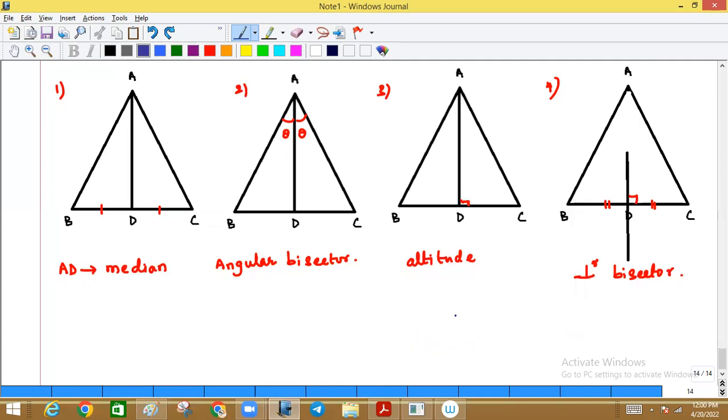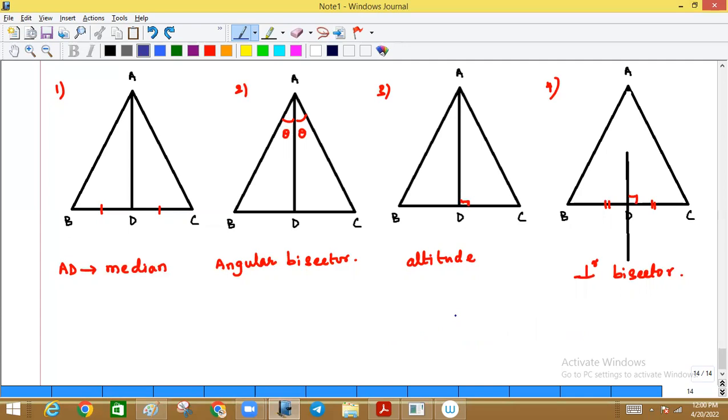So I'm saying all these four are different. If any AD satisfies any two of these, it also satisfies the other two. Understood? If a median is also a perpendicular bisector, then it is also an angular bisector and altitude. If a median is an altitude, then it is also an angular bisector and perpendicular bisector.